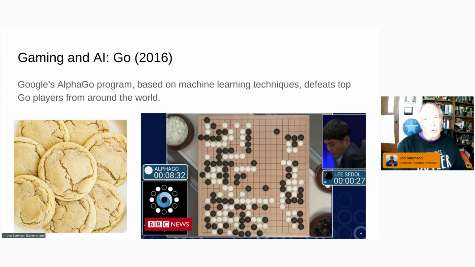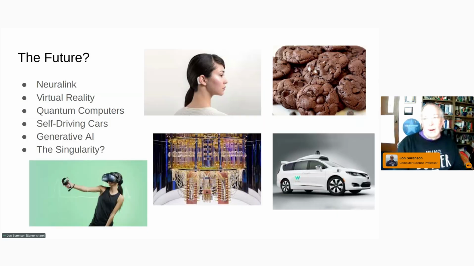The people who wrote the program that AlphaGo uses to train itself don't understand how AlphaGo chooses its moves. And back in 2016, it was defeating the top Go players from around the world. So it had succeeded there. AI has advanced a great deal, and that's like 9 years ago now. So AI has come a long way, a long, long way.